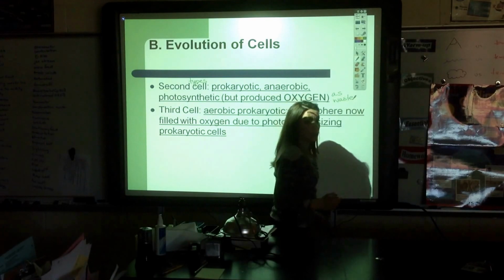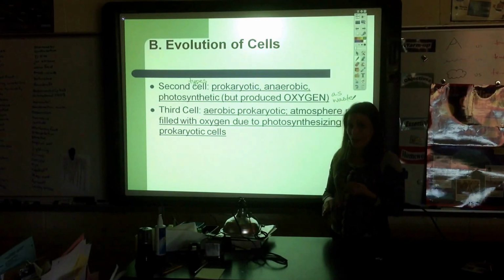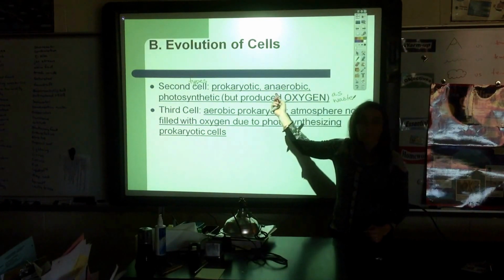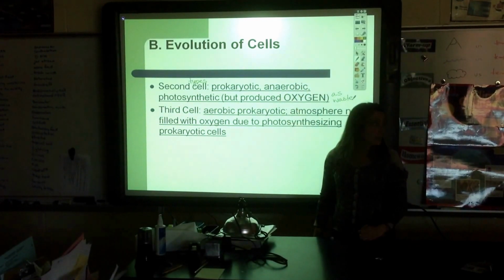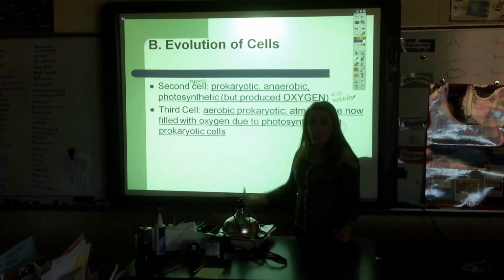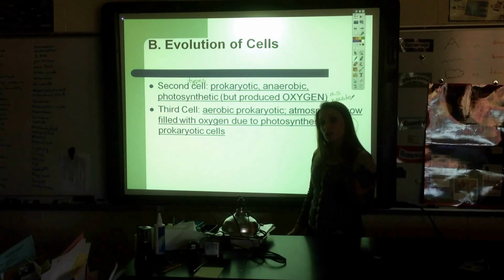So the first cells are what we call PNH, prokaryotic, anaerobic, heterotrophic. These next cells are prokaryotic, anaerobic, but photosynthetic. And then the third type of cell that we saw are the evolution of aerobic cells, cells that could consume oxygen to produce energy.